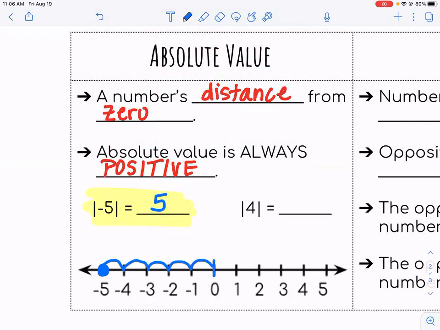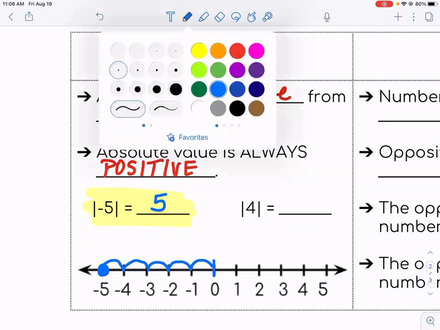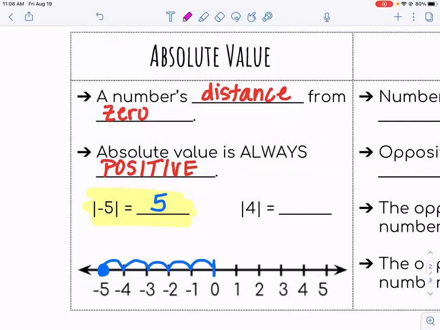Yeah, see, we just needed a reminder, right? Okay. So if I ask you for the absolute value of 4, here's 4. How far are we from 0? We are 4 away. The absolute value is always going to be positive.